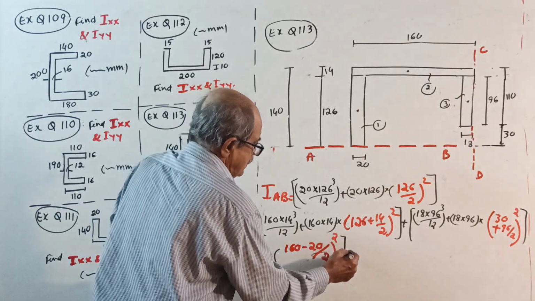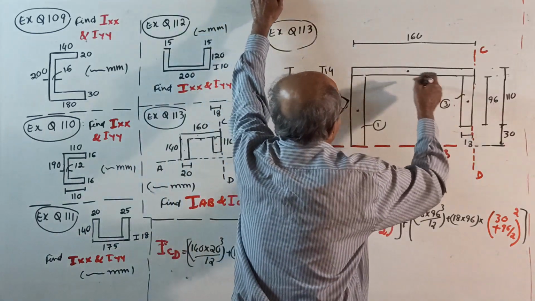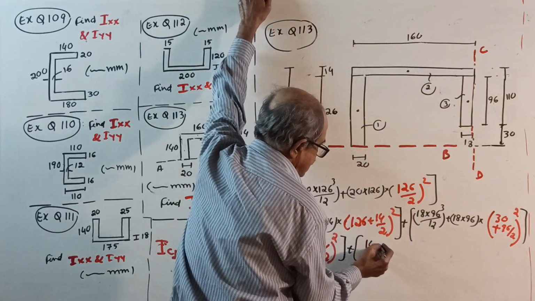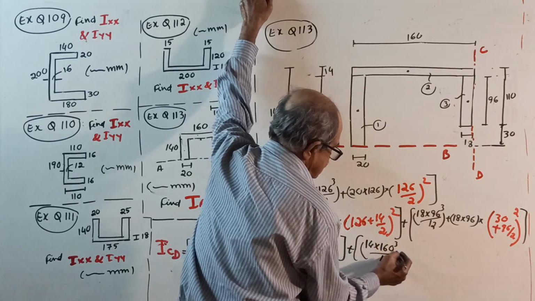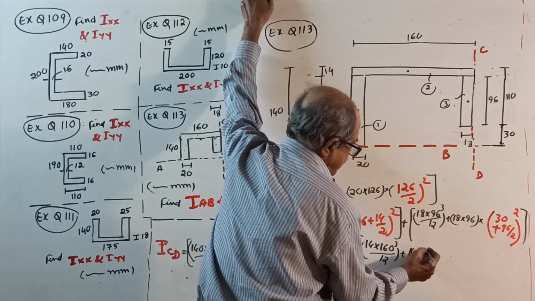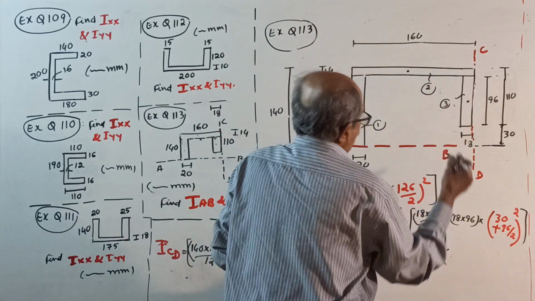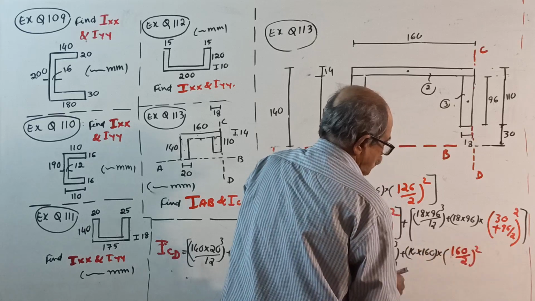That is for the first one. Second one: 14 into 160 cubed by 12, plus 14 into 160 is the area, into 160 by 2, whole squared. That also is over.